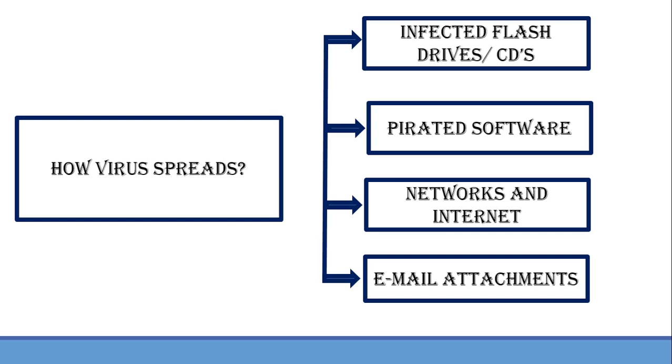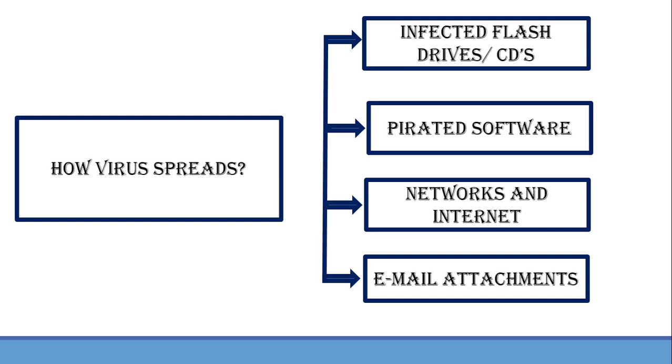Number one is infected flash drives. These are the most common ways of virus spreading from one computer to another. Through an infected computer and using a CD, DVD or flash drive, viruses can easily be copied onto them. Any use of these removable mediums in the future will most likely infect any computer it is used with.